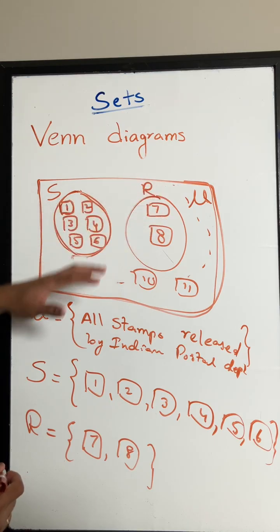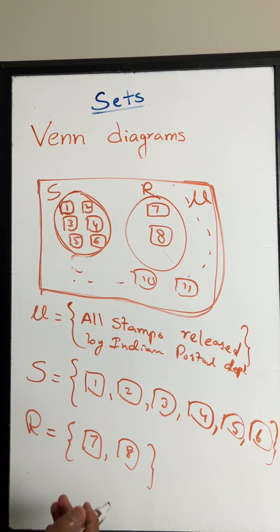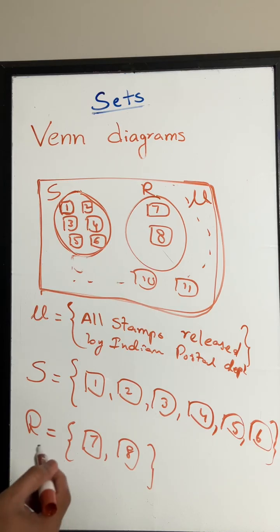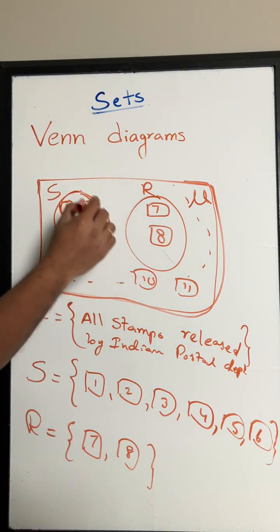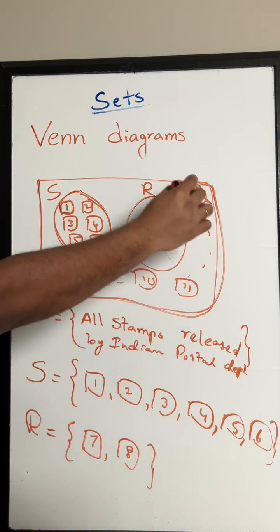If somebody says, I have a pen in the front pocket of my shirt, it means it is also in my shirt, right? If I have $100 in my bank account, I have $100. Likewise, if a number is inside the circle, it is inside the big box also, right?